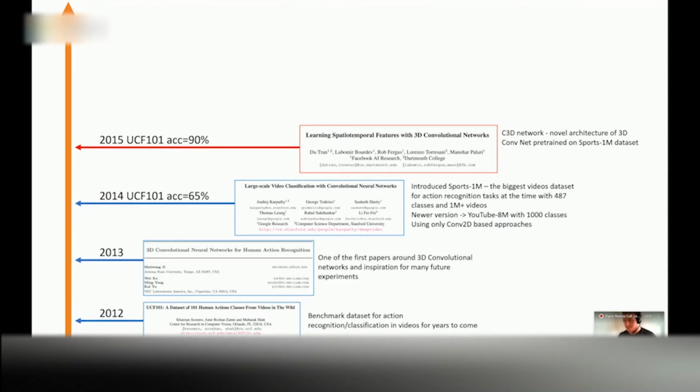And the paper that we'll be focusing on today, Learning Spatiotemporal Features with 3D Convolutional Networks, is the one that was presented in 2015. It achieved 90% accuracy on UCF 101, so it basically beat the whole competition.